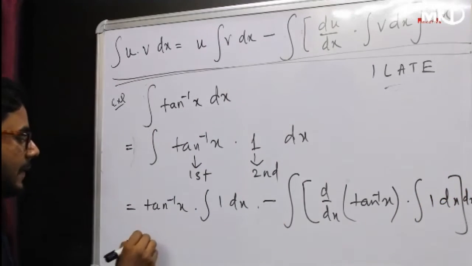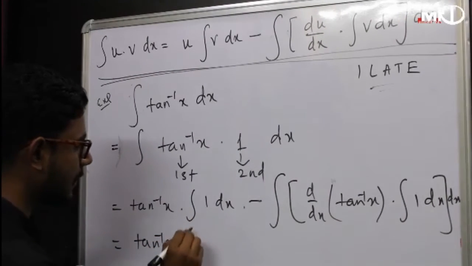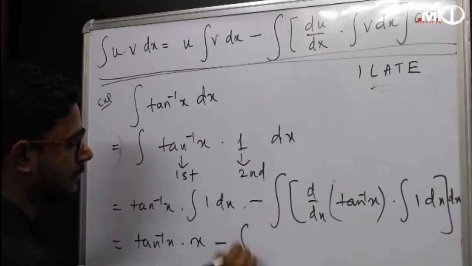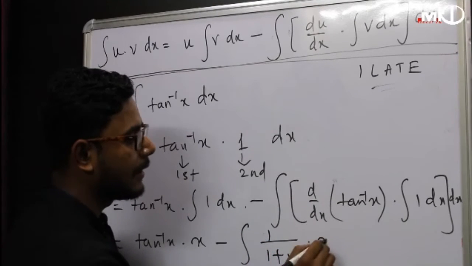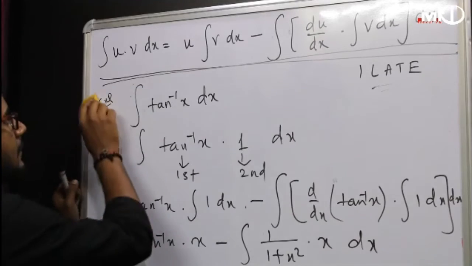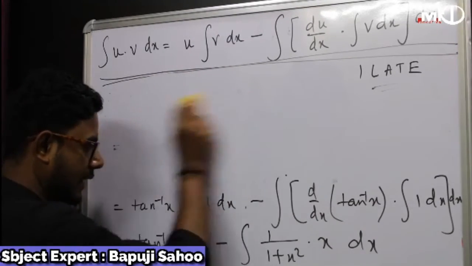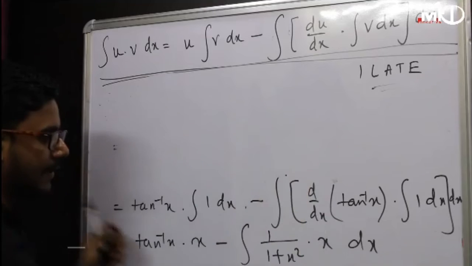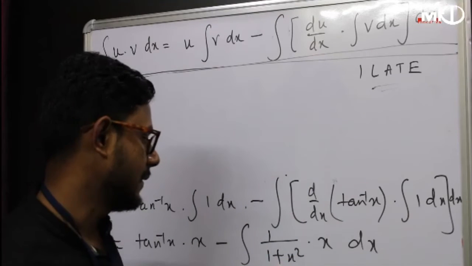So this will become tan inverse x into integration of 1, which is x, minus derivative of tan inverse x, which is 1 by 1 plus x square, into x dx. Okay. So now the second term becomes integration of x by 1 plus x square dx.